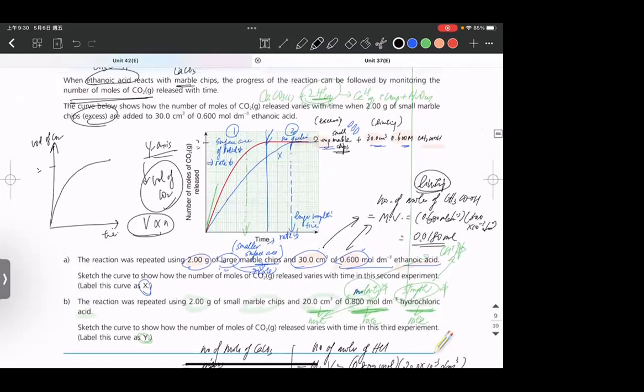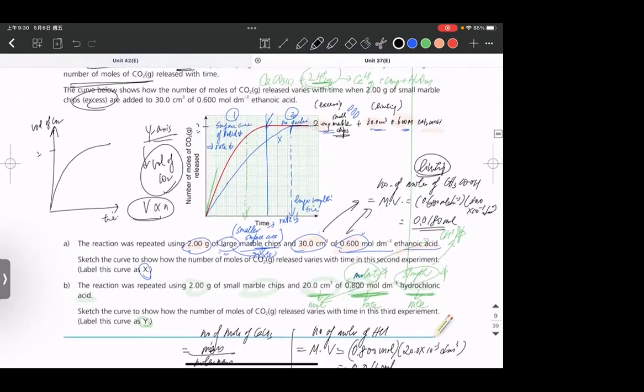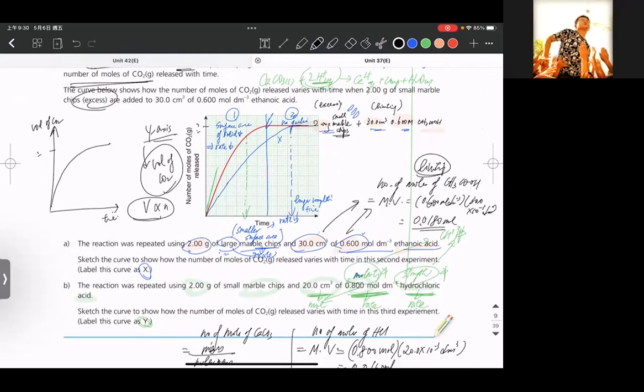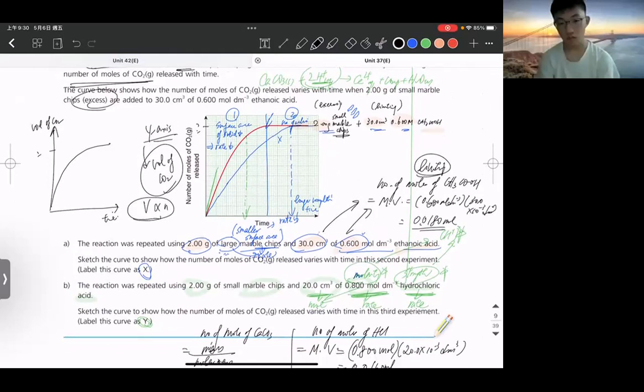So what does it affect the number of moles of carbon dioxide to be formed? Is it the same, larger, or smaller? In this case, for the case of Y, Lam Hiu Feng, is it the same, larger, or smaller than the red curve?